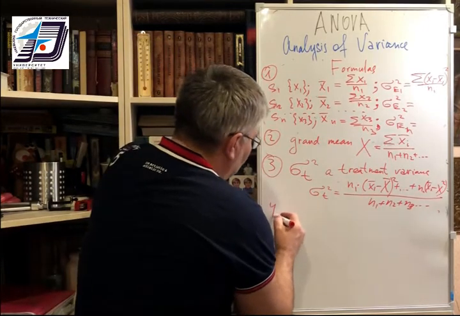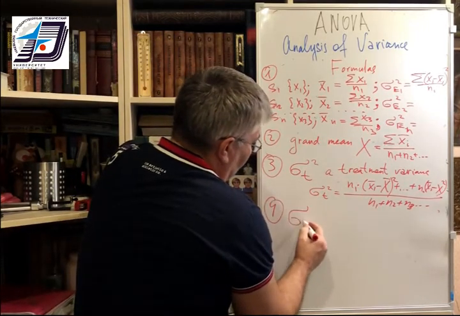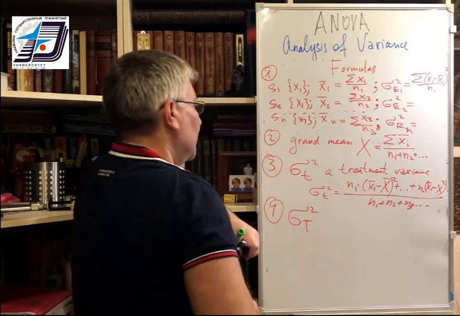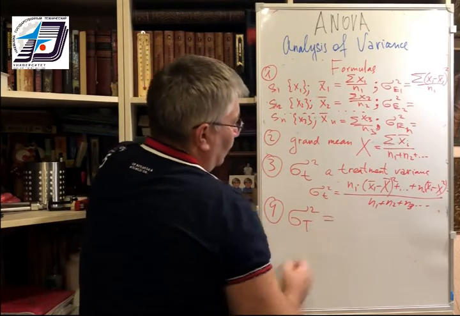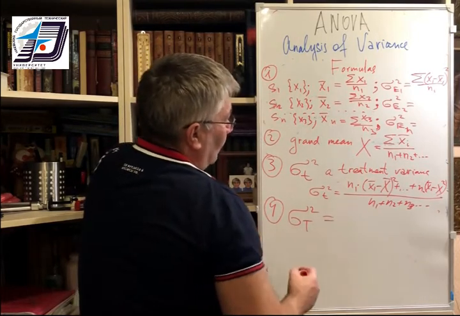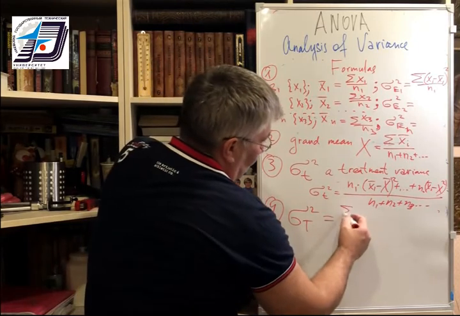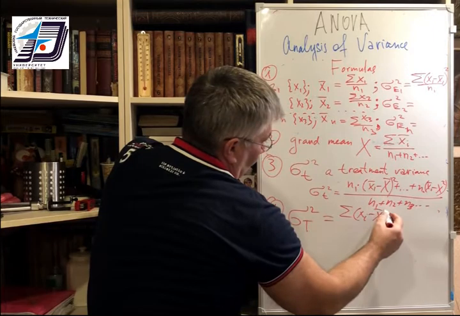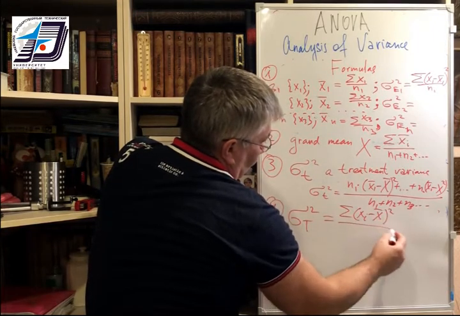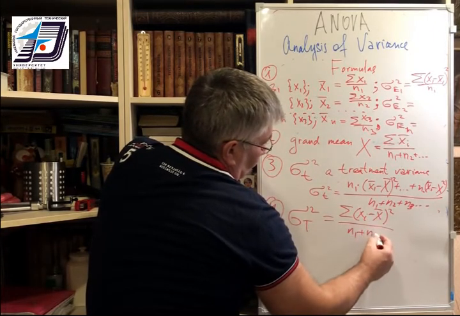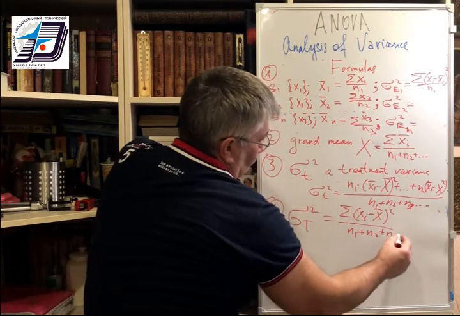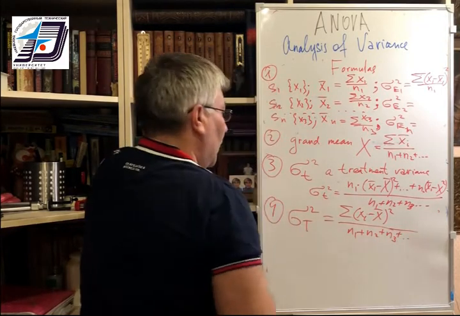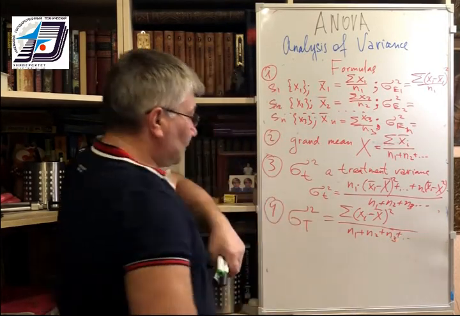The fourth step, you have to calculate the total variance, and it is the summation of squared deviations, and it depends on the number of groups.